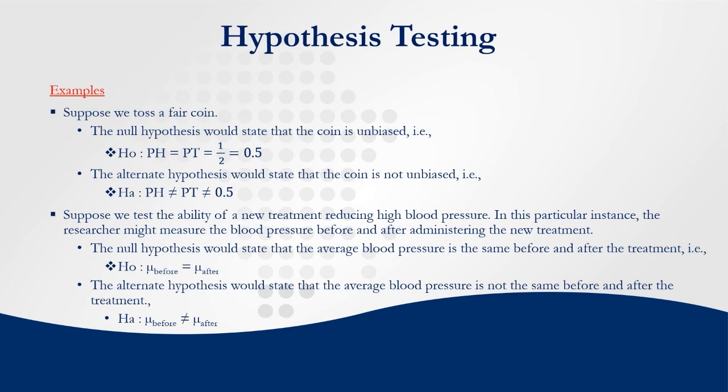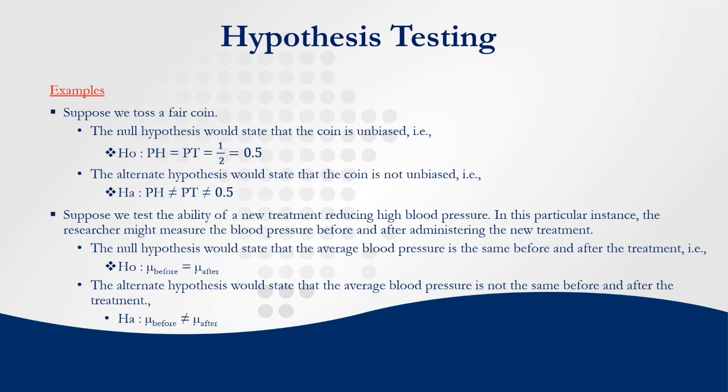And the alternative, if you use a two-tailed, will just say that they are not the same. It's not going to say that the average after is more, it will just say they are not the same.